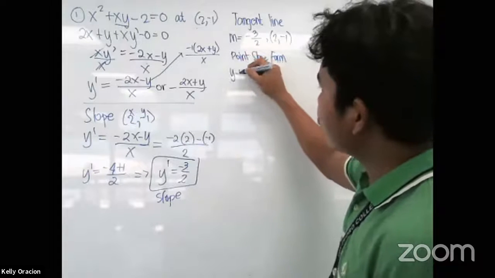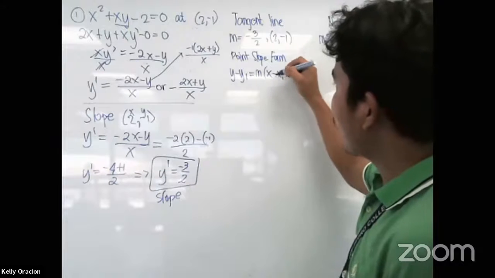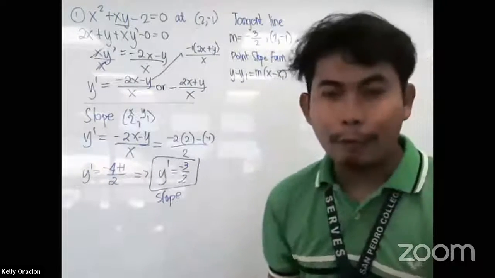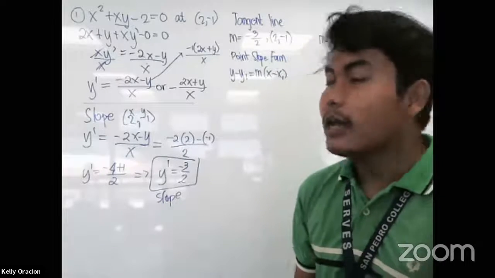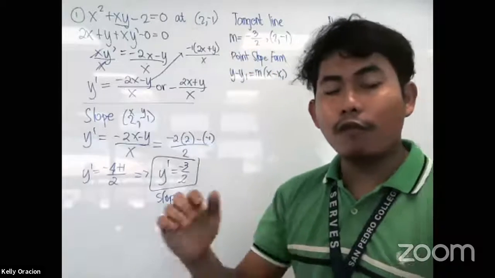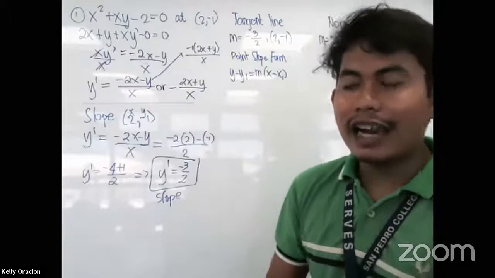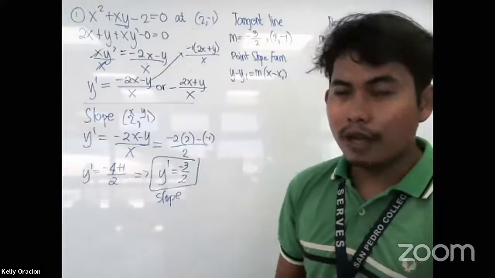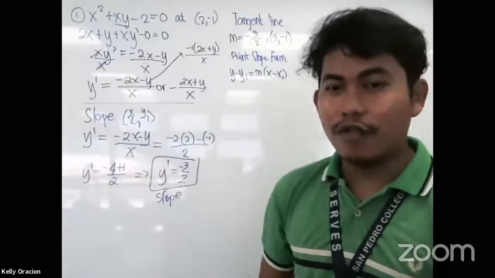We have y minus y sub 1 equals m times x minus x sub 1. This is what we call point slope form. Malamang, the given is a point and the given is the slope. Kaya nga, point slope form ang gagamitin para makuha yung equation. Pag ang given ay point at slope, you can use point slope form to find the equation of your line.